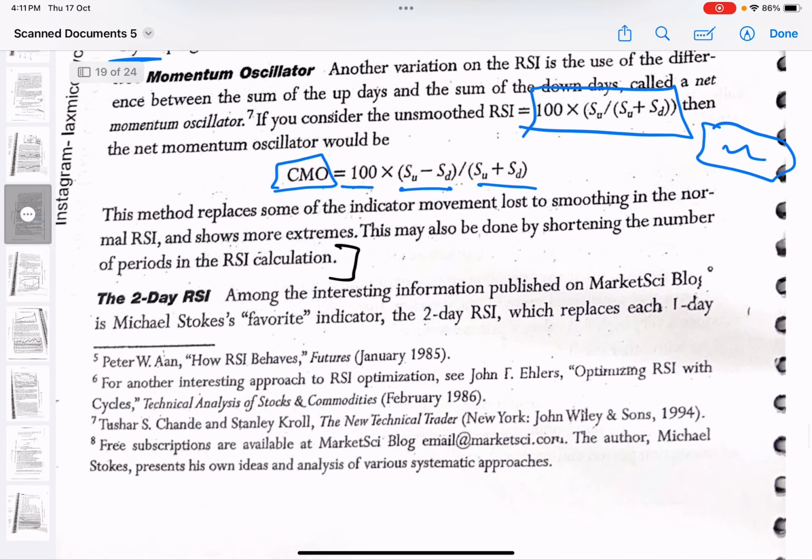So 100 multiplied by SU minus SD divided by SU plus SD is going to give the CMO, which is the net momentum oscillator. This method replaces some of the indicator movement lost due to the smoothing or the normalization.